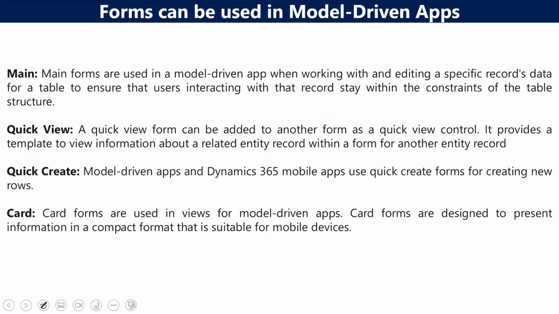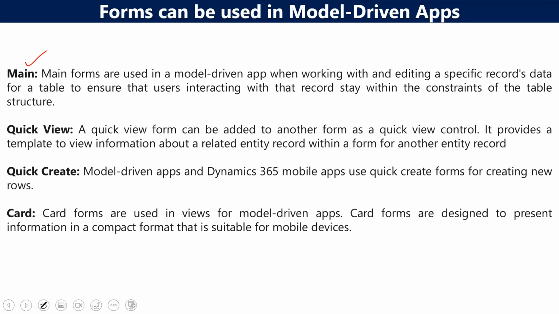So we can create the main form here. What is the main form? The main forms are used in the model-driven app whenever we want to work on or edit a specific record from the table, to ensure that the user's interactions with that record stay in the context of the table. So in those situations, we need to go with the main form.